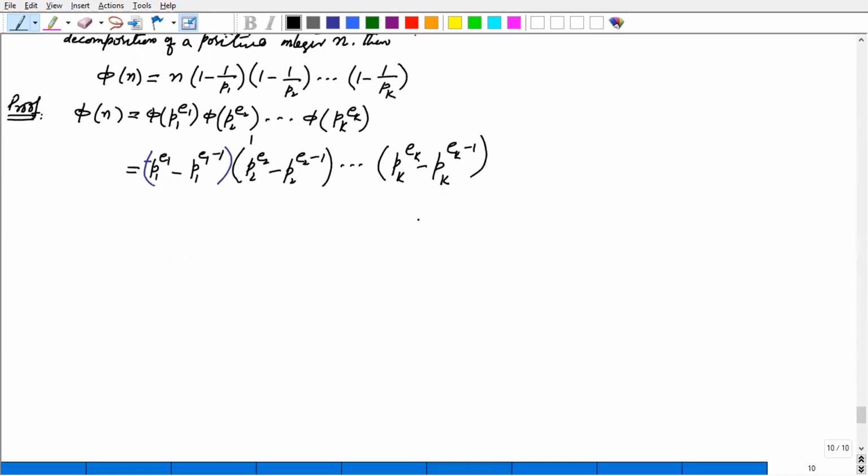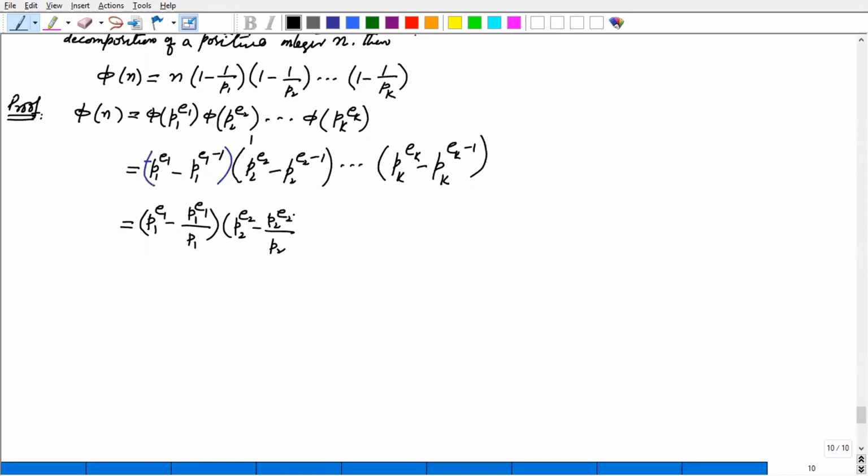Now, this can be written as p1 to the power e1 minus p1 to the power e1 divided by p1. Okay. And then in the next bracket, we can write p2 to the power e2 minus p2 to the power e2 divided by p2 because we have power minus 1 here.